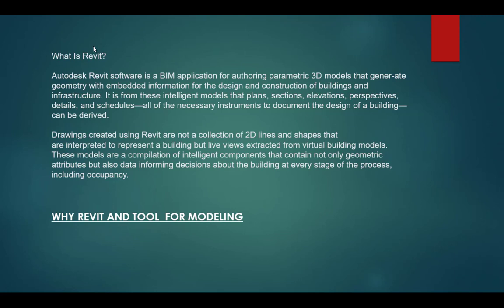These models are a compilation of intelligent components that contain not only geometric attributes but also data informing decisions about the building at every stage of the process, including occupancy. So these are a few things that we can talk about Revit.